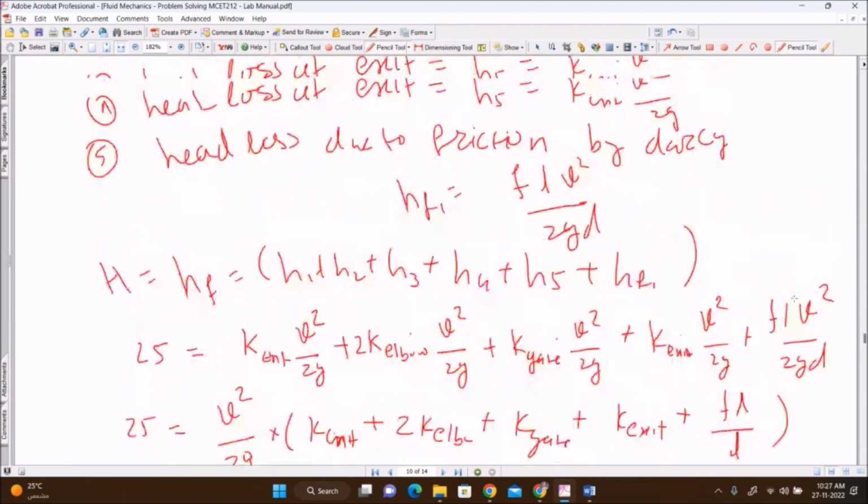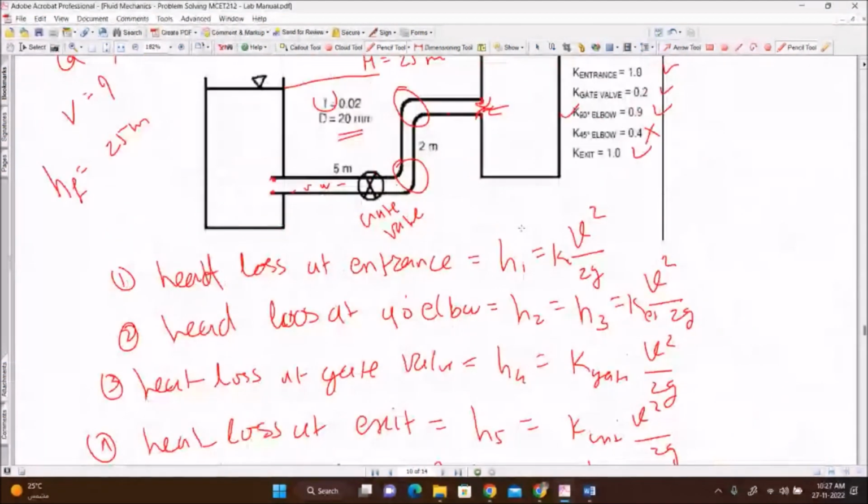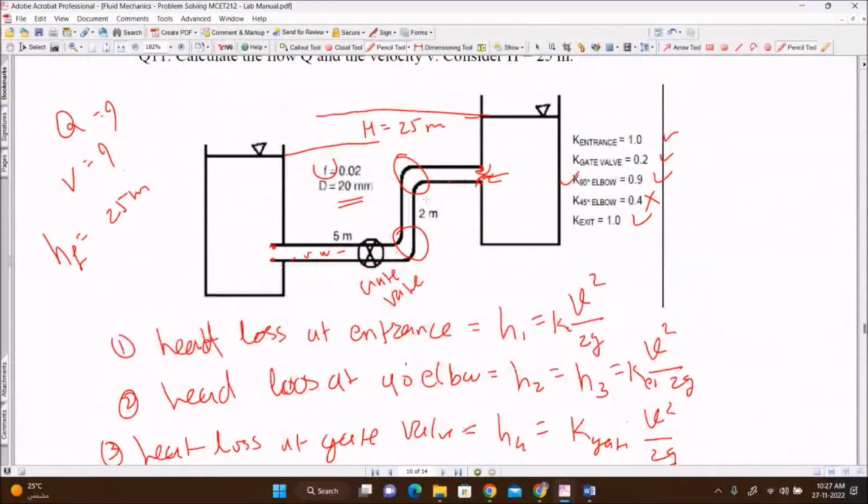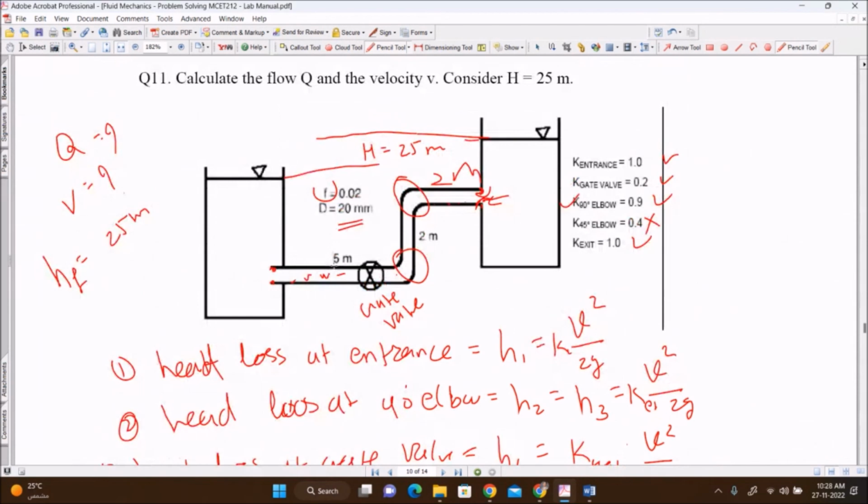Now L, the length, is very important here. L is equal to 2 meter, 5 meter, and this length is again 2 meter, because it is missing here. So 2 meter plus 2 meter plus 5 meters.